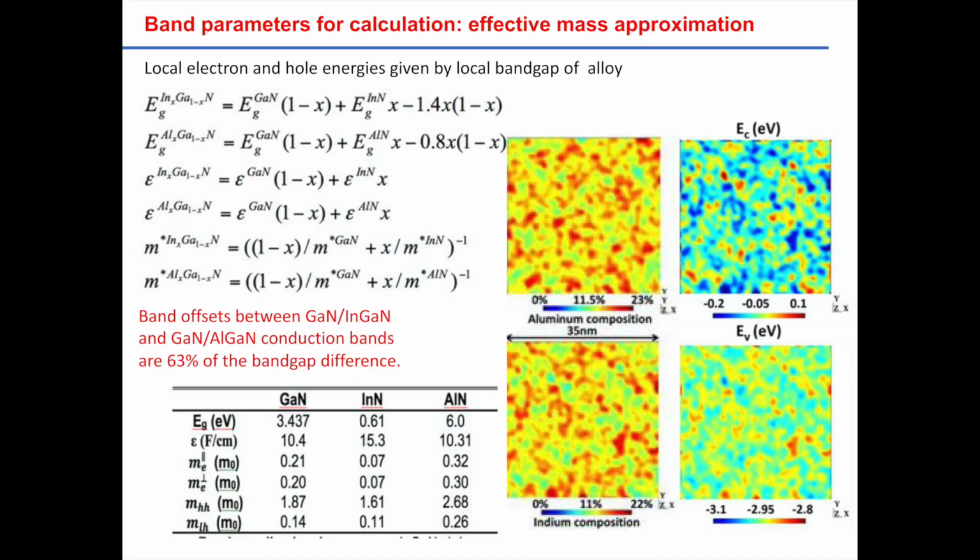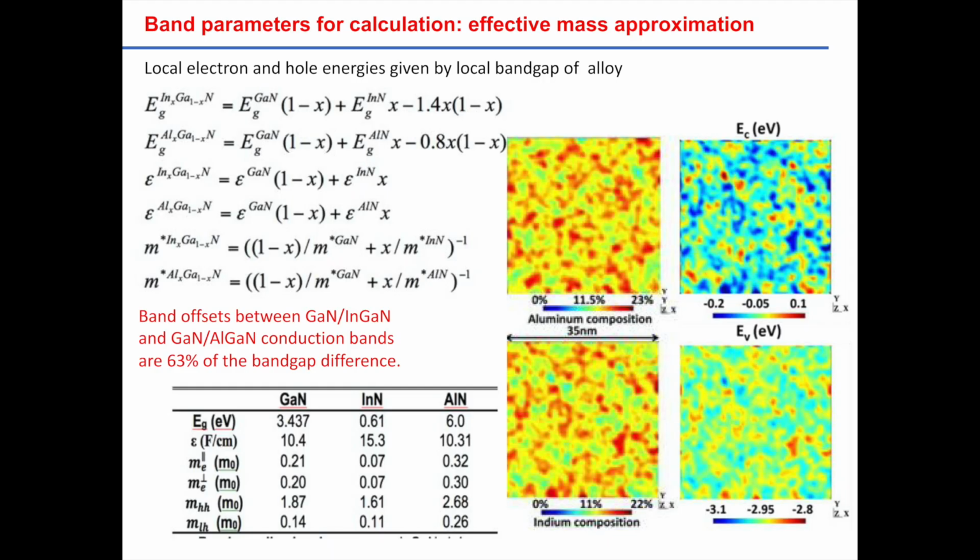And so I have transformed my composition map into a map of energy levels for the conduction band and valence band. So now I have my potential in which my electrons and holes will travel. Big approximation. So then I have a few more parameters. So I know the conduction band and valence band positions, and now I can work through the landscape.